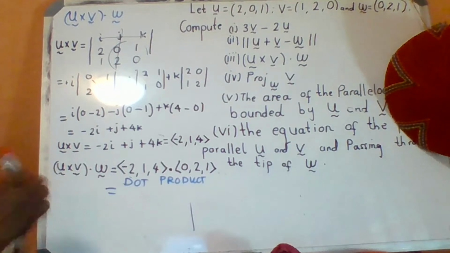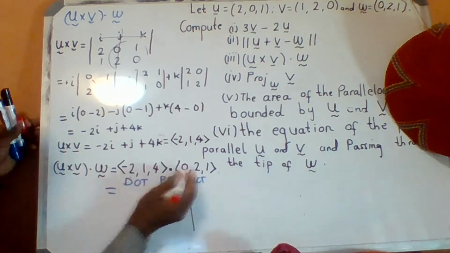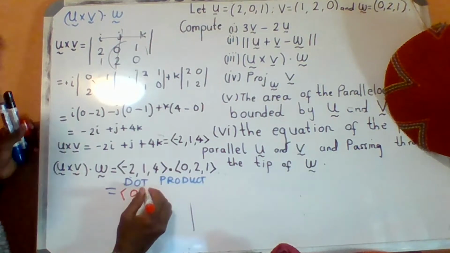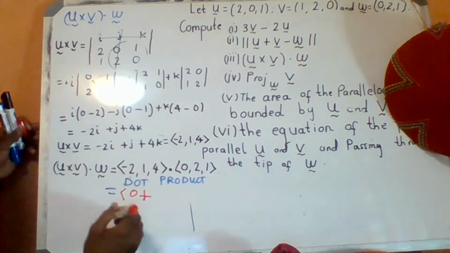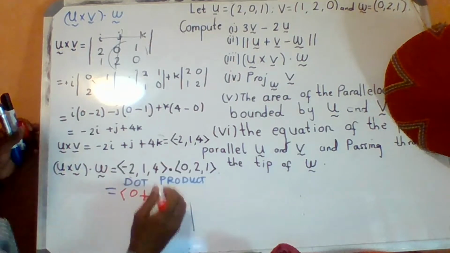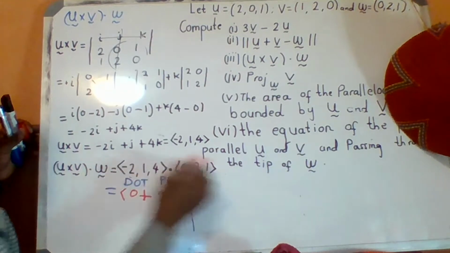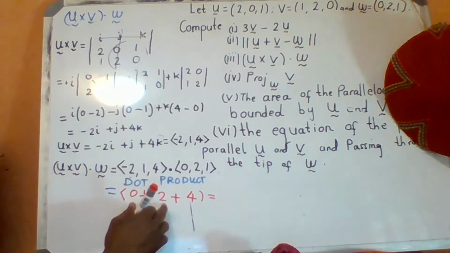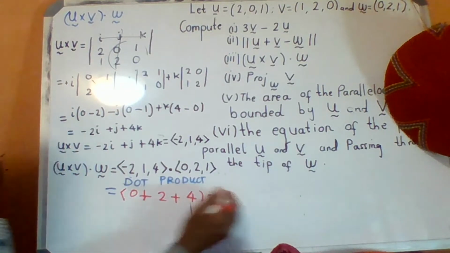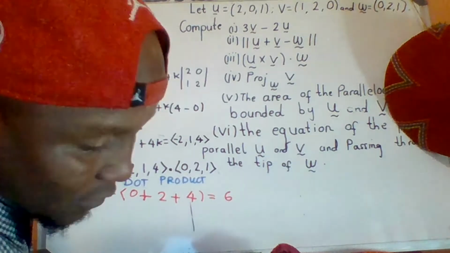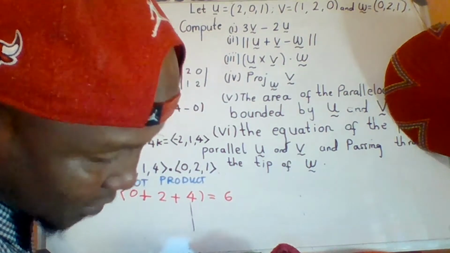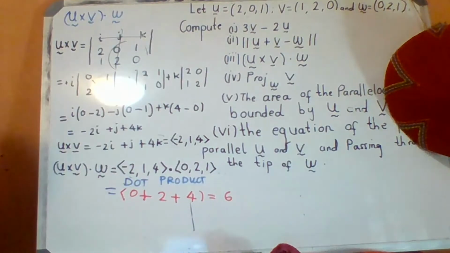So using the dot product, negative 2 times 0 is 0, then you plus 1 times 2, which is 2, and then you plus 4 times 1, which is 4. So you get the answer here: 0 plus 2 plus 4 equal to 6. So the solution is equal to 6.